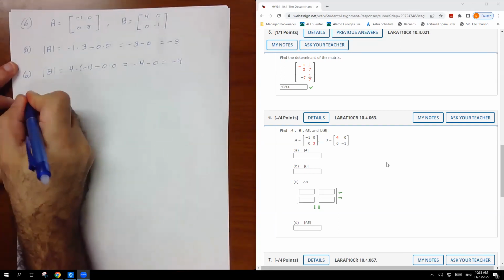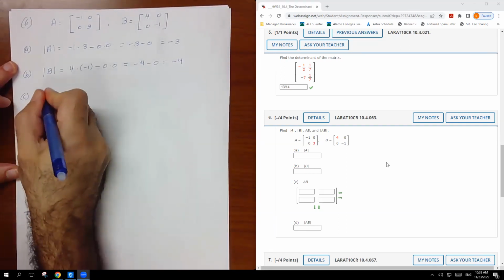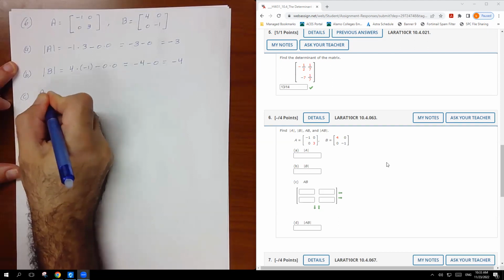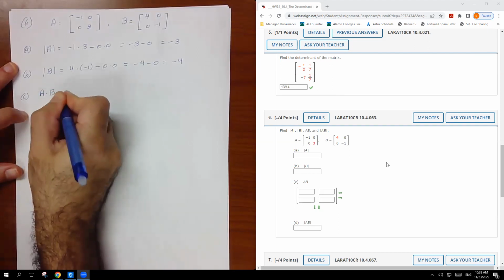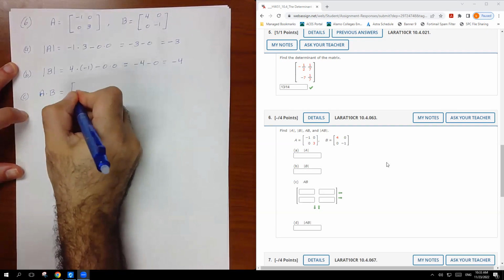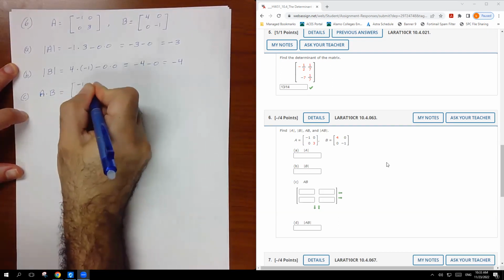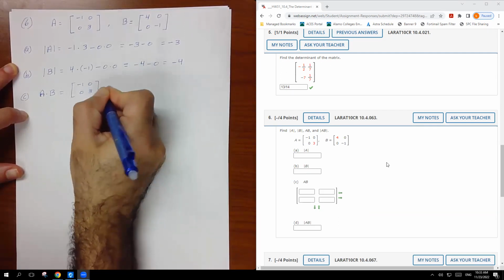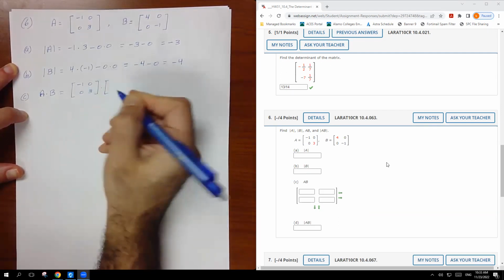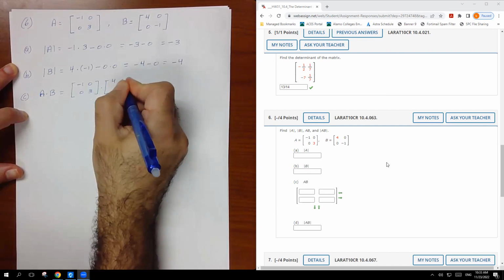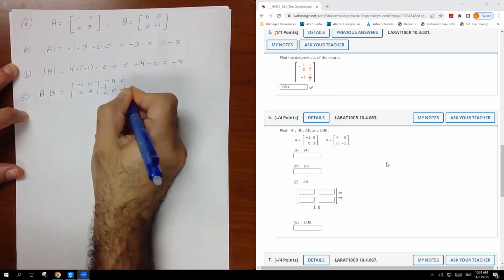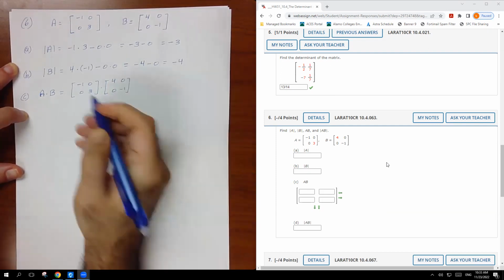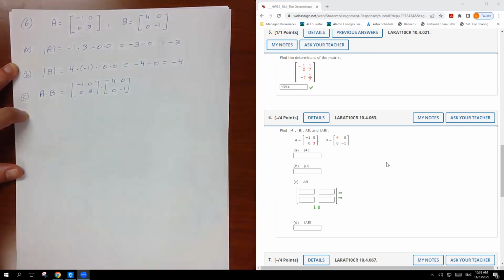Now, C, we need to find A times B. So here is the matrix A, -1, 0, 0, 3, times the matrix B, 4, 0, and 0, -1. So the first row times the first column.